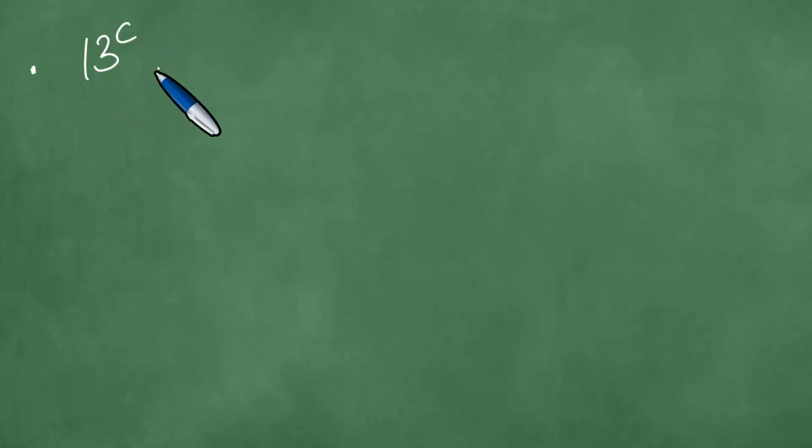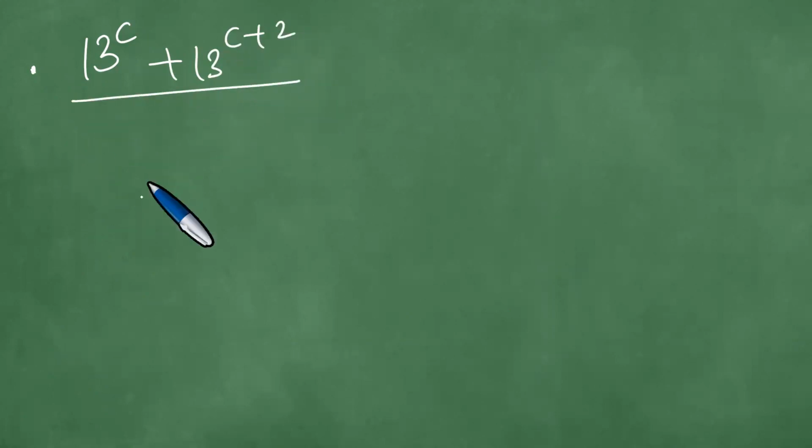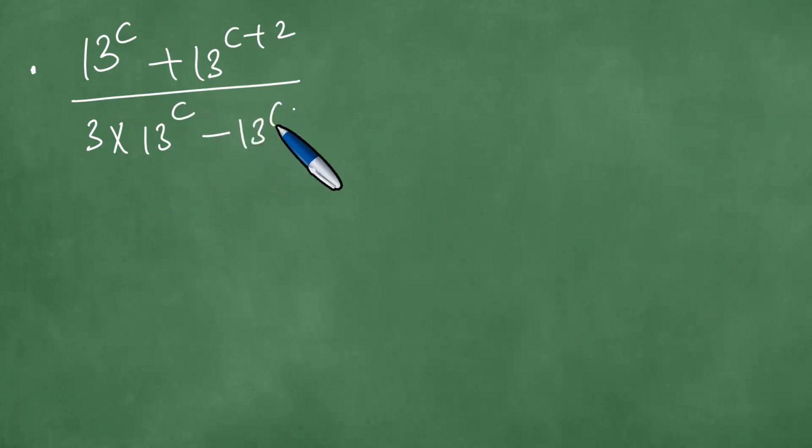It's 13 to the power c plus 3, times 13 to the power c, minus 13 to the power c. What do we do here? If they add things, you separate them.